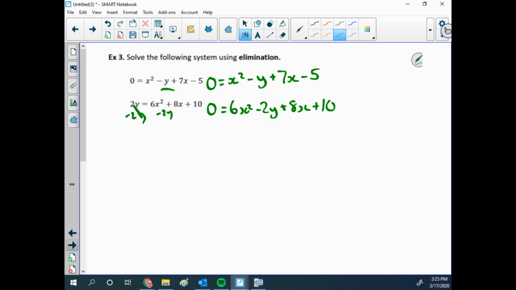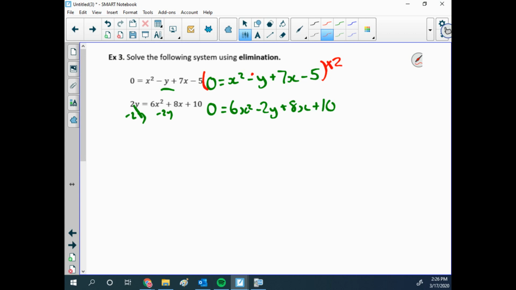So now everything is in like rows, and if I tried to add or subtract right now, I wouldn't eliminate. When we're doing elimination, especially when you have a quadratic, we always want to eliminate y. I want to get rid of y. So in order to eliminate, I need to make sure the coefficients are the same. So I need to get this one here to be 2. So I would take this entire equation and times it by 2.